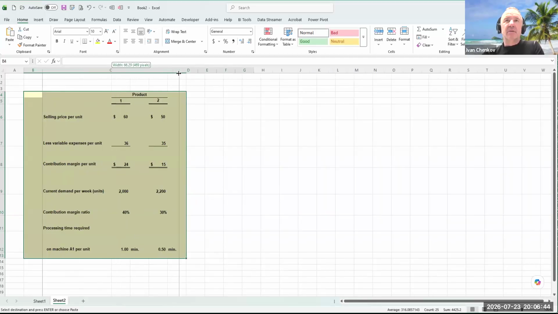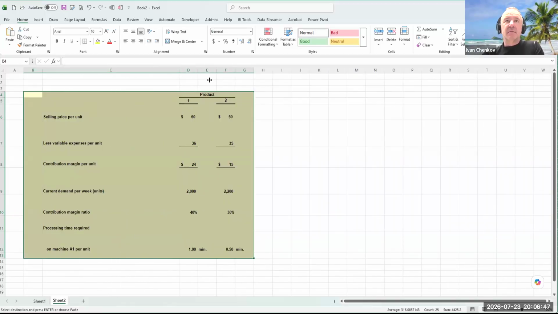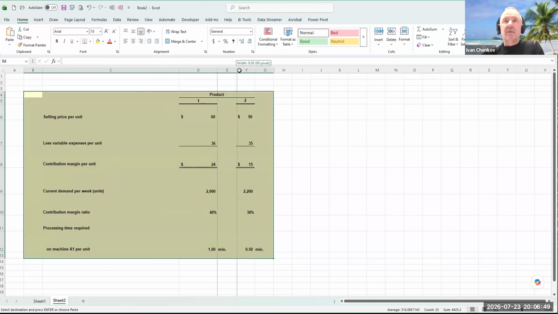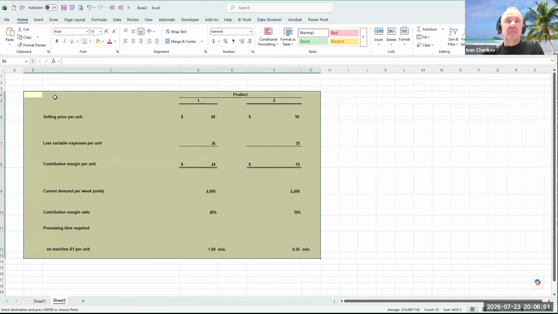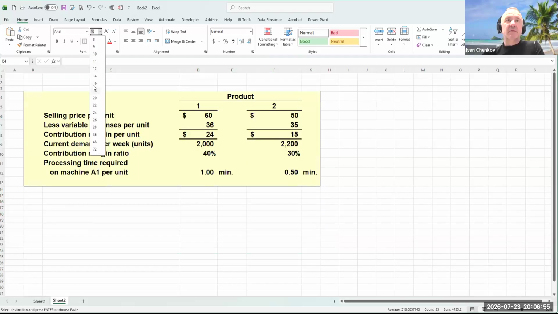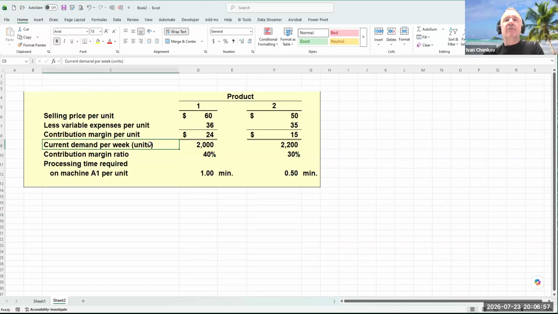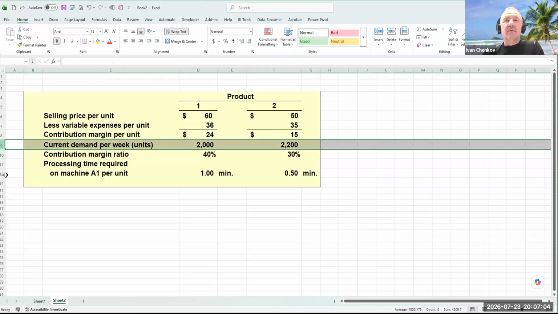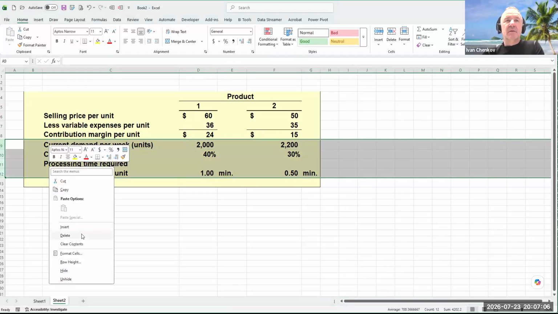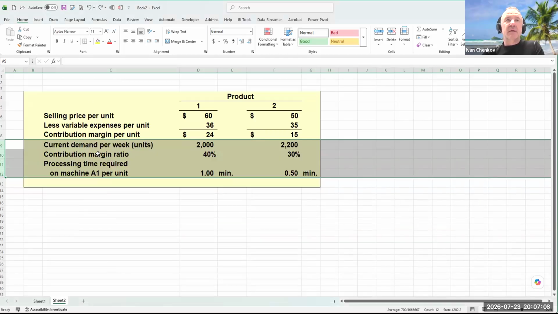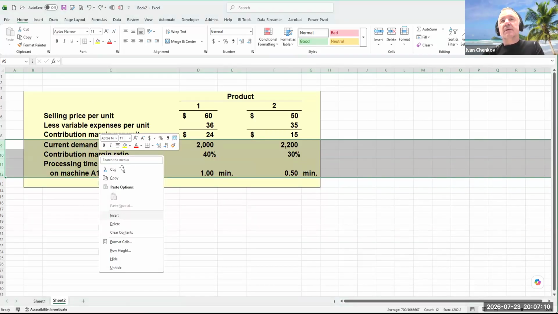So we have this information. Let me make it bigger so you can actually see it. It's the numbers. Let's push it all the way to 18, and we have our information. Excellent. I want to insert some rows like this.